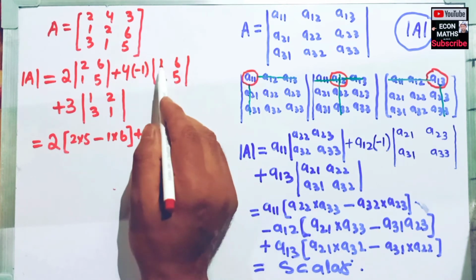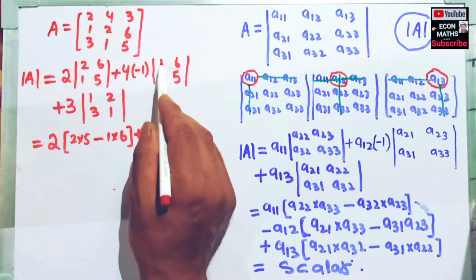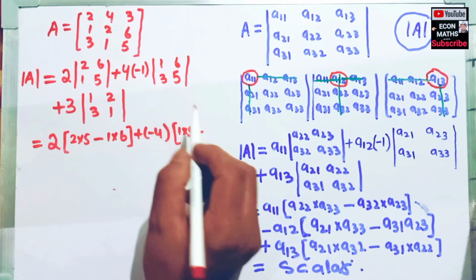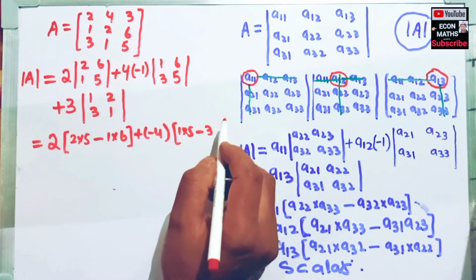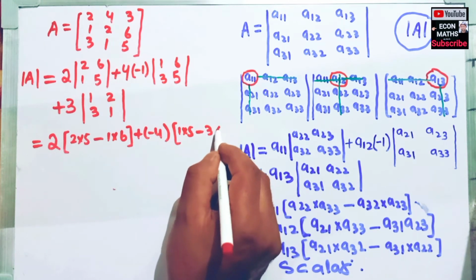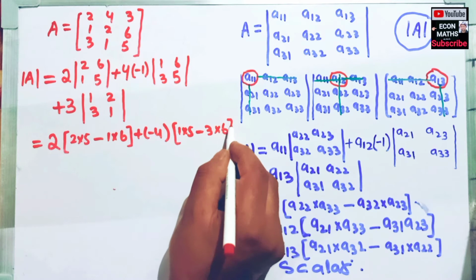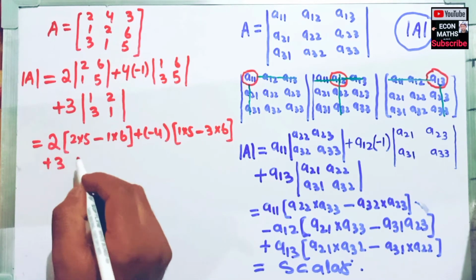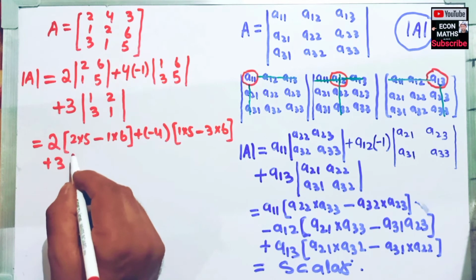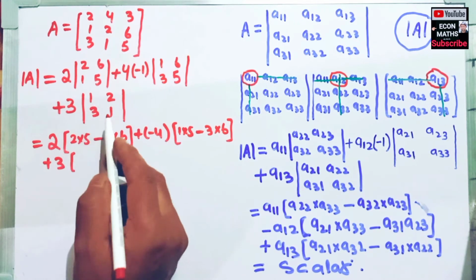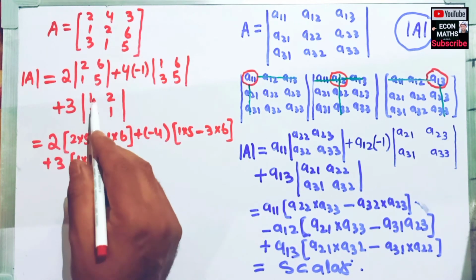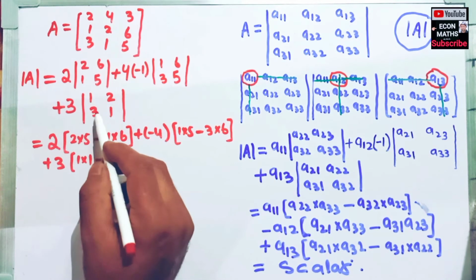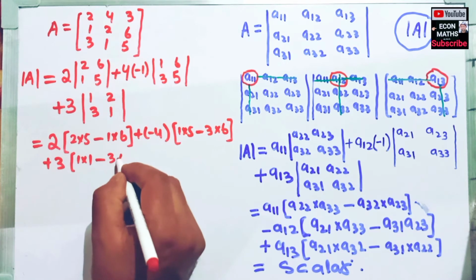Now multiplying these two elements first, that is 1 into 5, minus 3 into 6. Similarly this is plus 3, this will become 1 into 1, then minus 3 into 2.